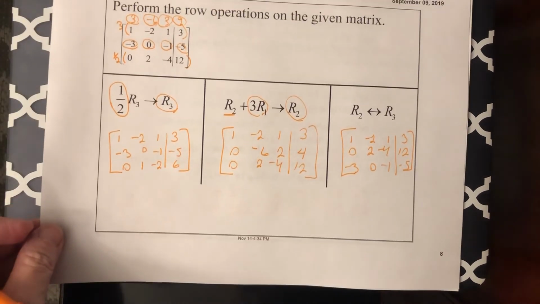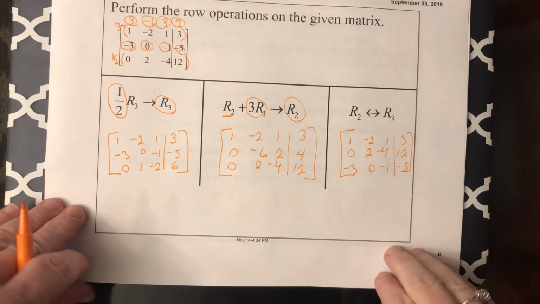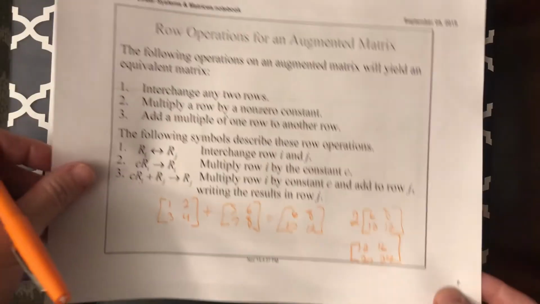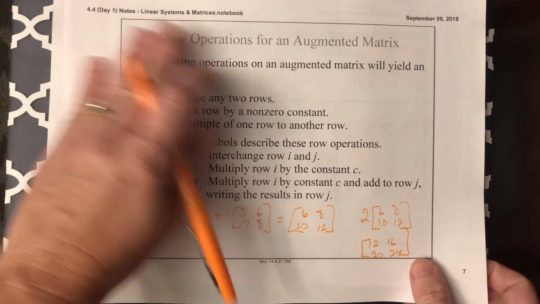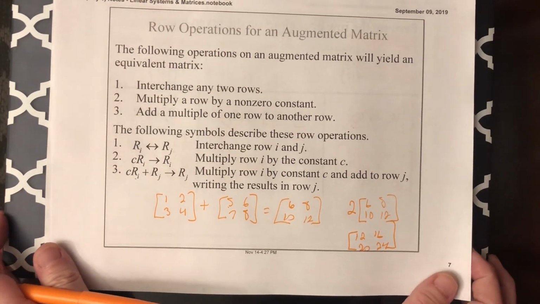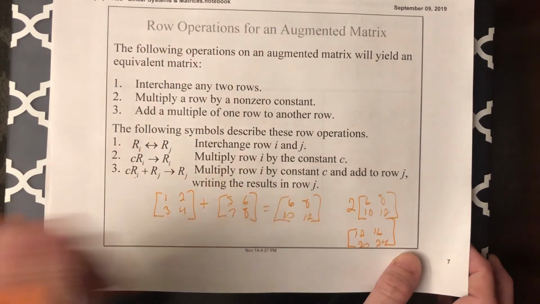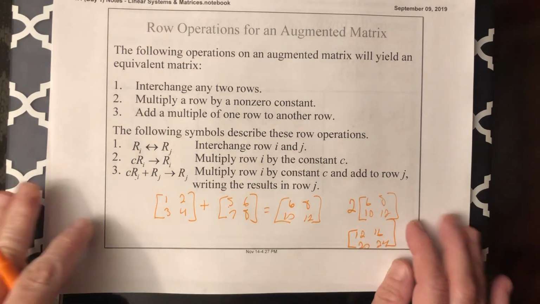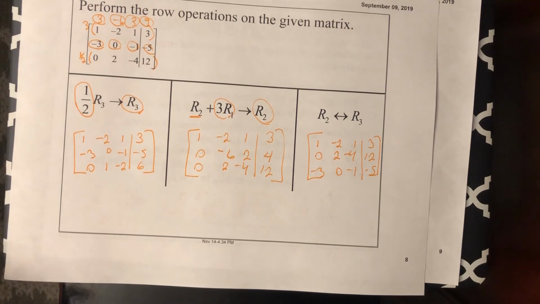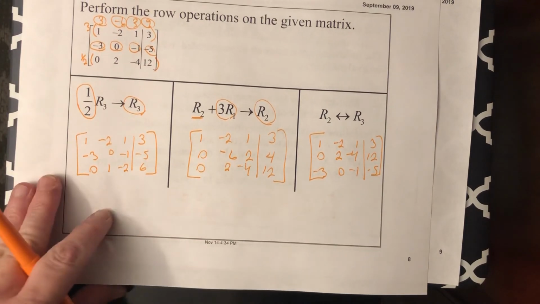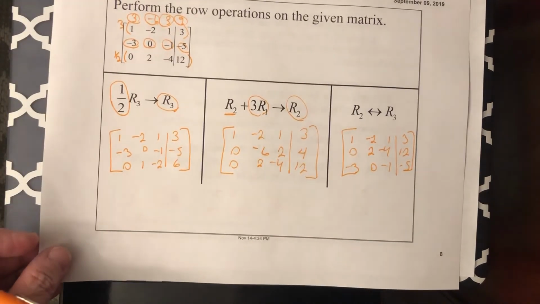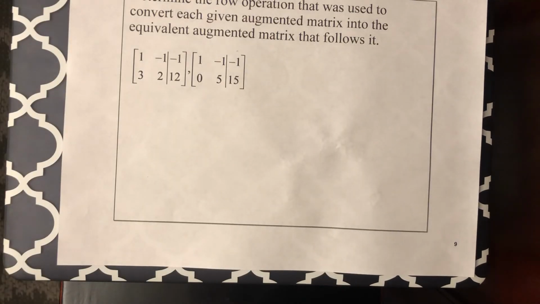All 3 of these operations are what you're going to be doing to solve systems of equations in this new way, with this new augmented matrix. We're going to do that to get the answer. So this is a very new technique, a very different way of solving systems of equations.